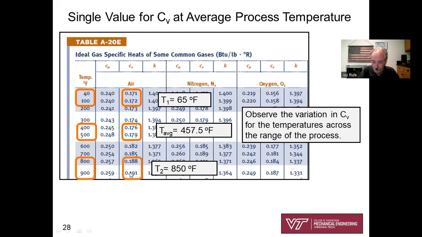There is some change, not a great deal, not doubling, but some change in C sub V. But just to illustrate, we have to pick a temperature in order to get a single value for C sub V. In this case, we picked 457.5 and had to interpolate to get that C_V value.